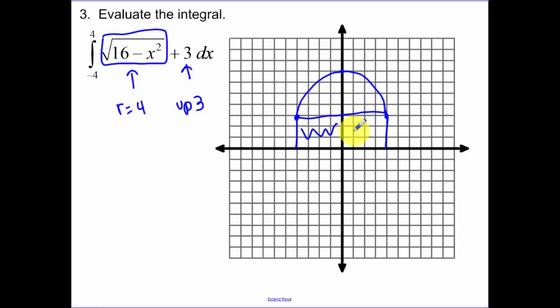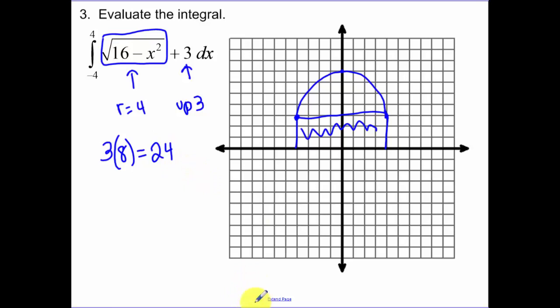This bottom piece, well, that's easy. That's going to be the area of a rectangle. My height is 3. My width, or this whole width, is going to be 8. So that's equal to 24.